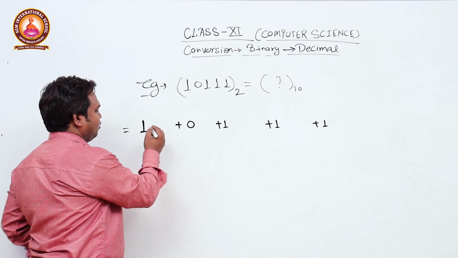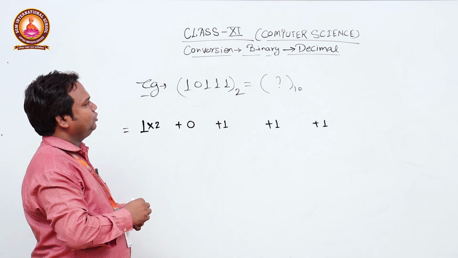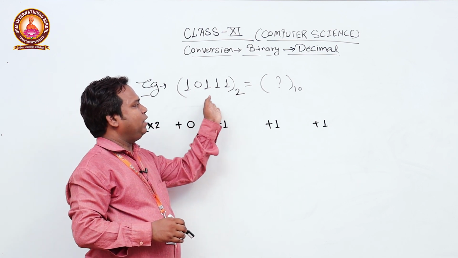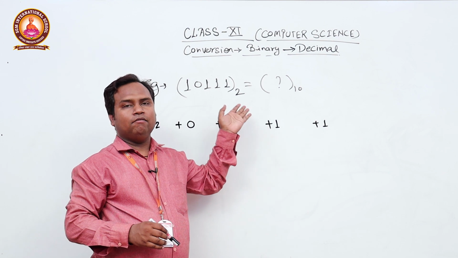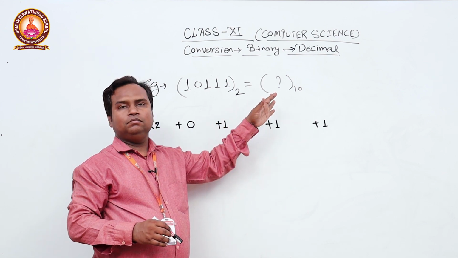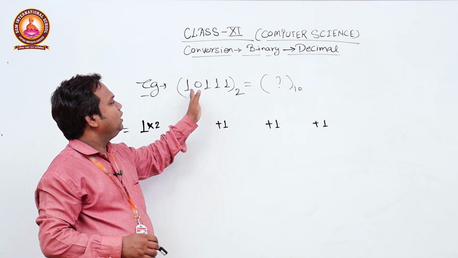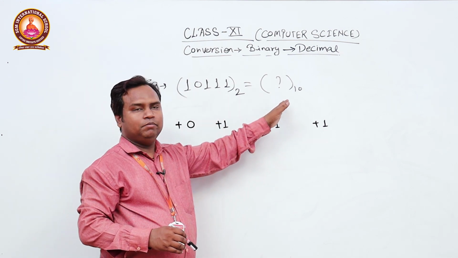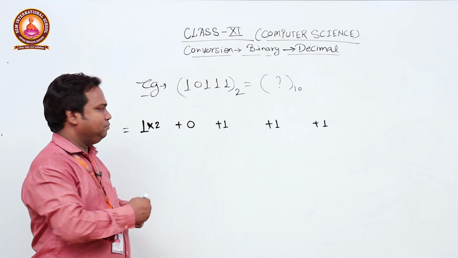Now multiply by 2. The rule is, if you are changing binary to decimal, then you have to multiply by 2. Got it? If you are changing binary to decimal, you have to multiply by 2.